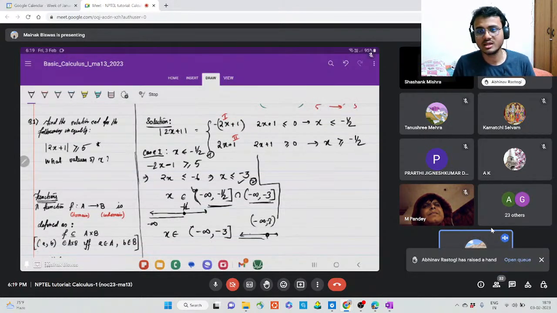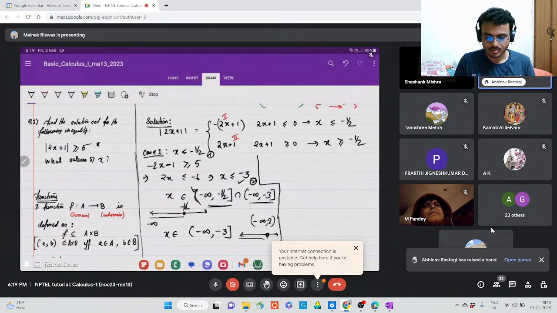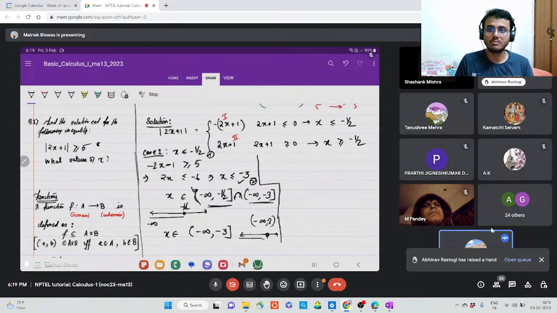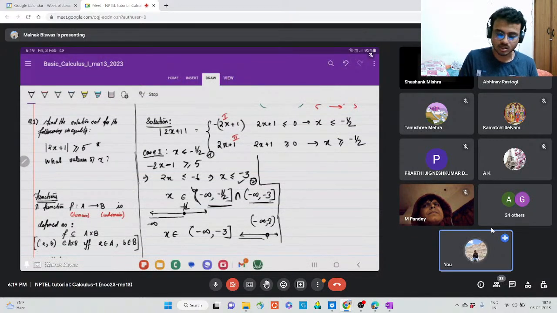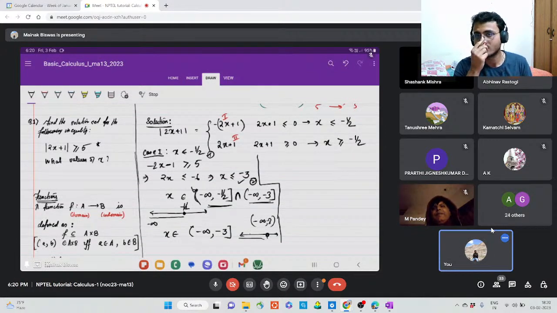So this is nothing but x belongs to minus infinity to minus 3, right? Yeah, Abhinav, go ahead. What does that icon mean? That is the opposite of union. Intersection. So the numbers are both in both sets. Which numbers are present in both minus infinity to minus half and minus infinity to minus 3? Abhinav, can you help us out?